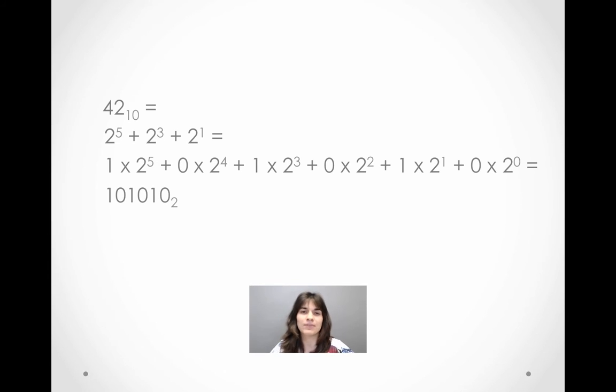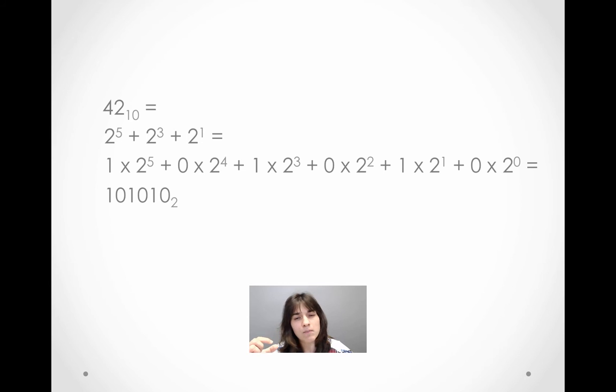Like we did before, we have written 42 as a sum of powers of 2: 2 to the power of 5 plus 2 to the power of 3 plus 2 to the power of 1. And then, a very important step, we multiply by 1 or 0 every power of 2 in this sum, starting with 2 to the power of 0 up to 2 to the power of 5, because 2 to the power of 5 is the largest power of 2 inside 42. And now we take these ones and zeros, the factors by which we multiply the powers of 2, and we place them in the right order.